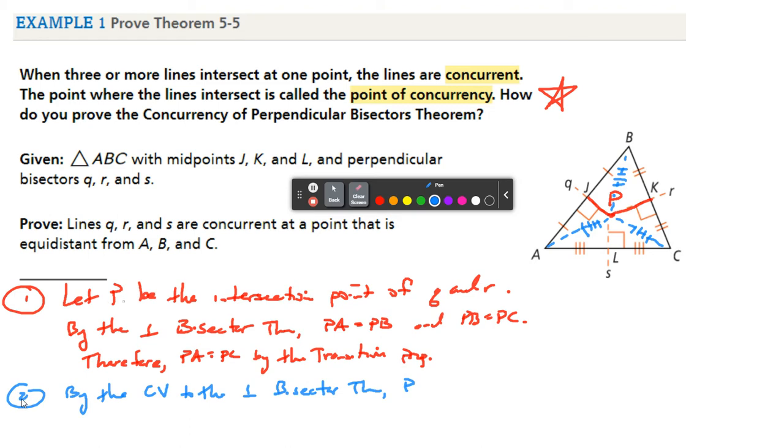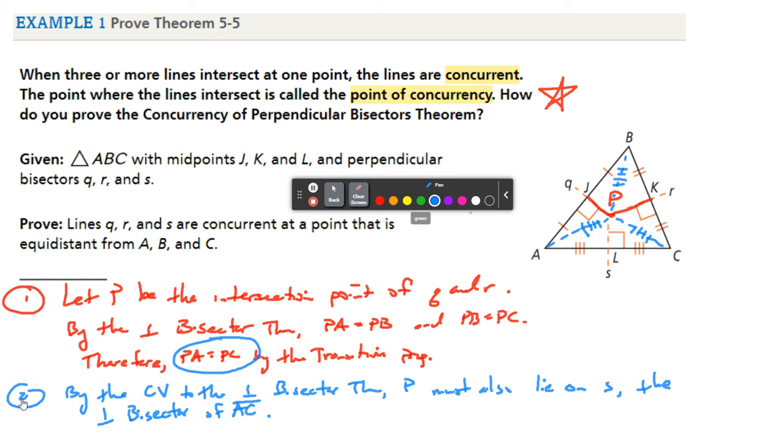Right now we're saying P is the intersection of lines Q and R. But if PA is equal to PC by the transitive property, then that's saying that P is equidistant from A and C, which means that P also must lie on S, the perpendicular bisector of segment AC.